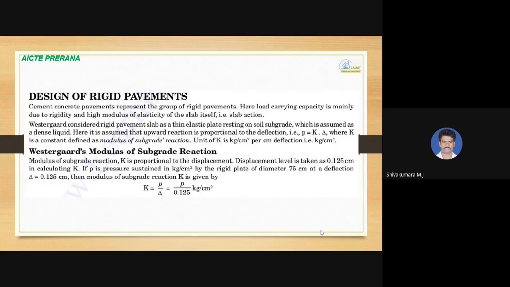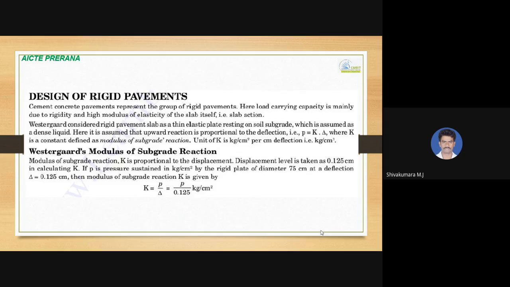Cement concrete pavements represent the group of rigid pavements. Here the load carrying capacity is mainly due to rigidity and high modulus of elasticity of the slab itself. So here slab action is expected, and Westergaard considered the rigid pavement slab as a thin elastic plate resting on a soil substrate, which is assumed as a dense liquid.